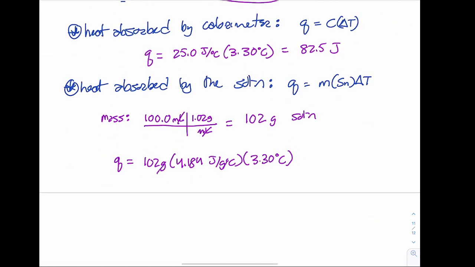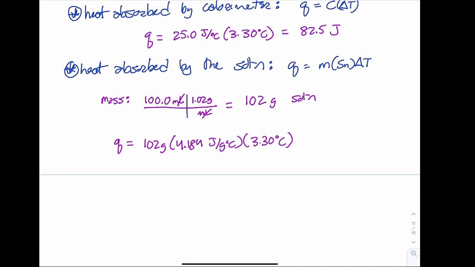My grams cancel, my degrees Celsius cancel, and I'm grabbing my calculator. 102 multiplied by 4.184 multiplied by 3.3, and I got 1407. Again, I'm just writing down a whole bunch of numbers.